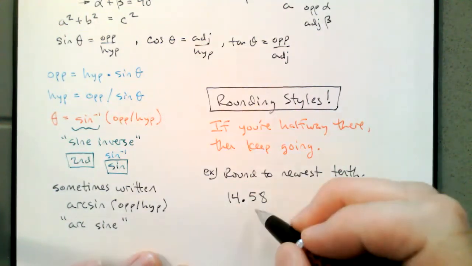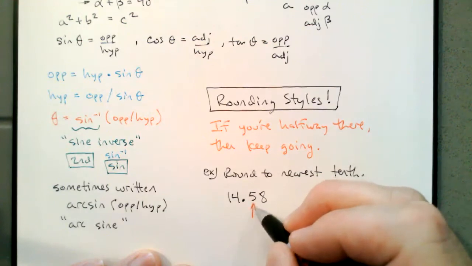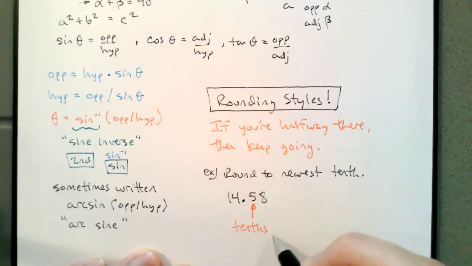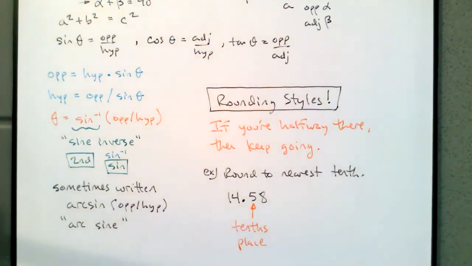So this 5 is the tenths place. And the 8 is more than halfway. 14.55 would be halfway.